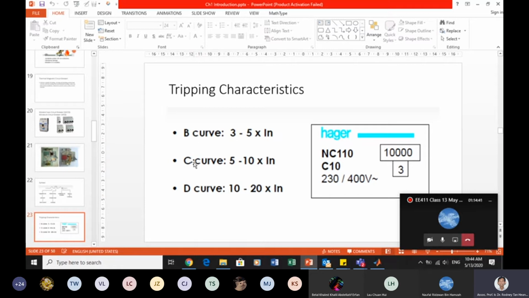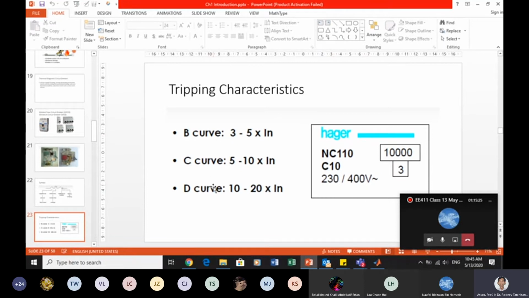There are B, C, and D. The one used in our house is C. For example, in this case, this is type C and 10M, type C and 10,000 short circuit, 10,000 amp short circuit, and 230 volt and so forth.